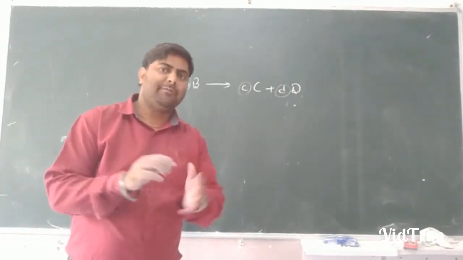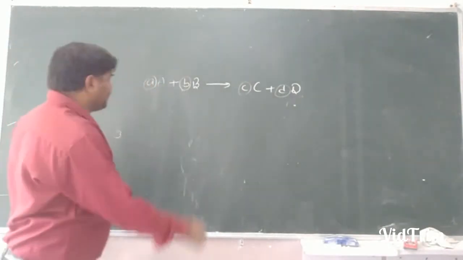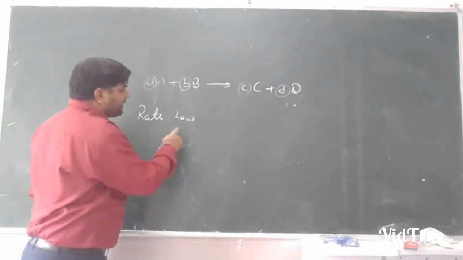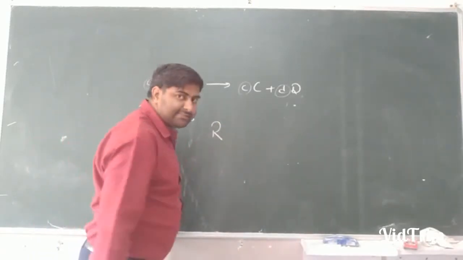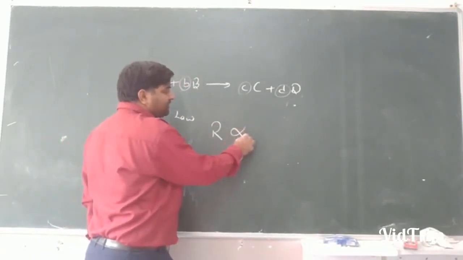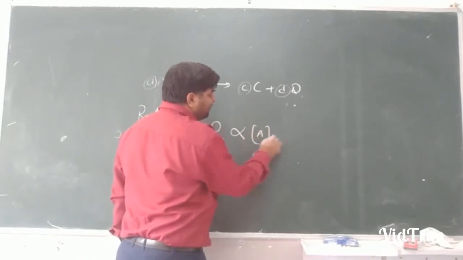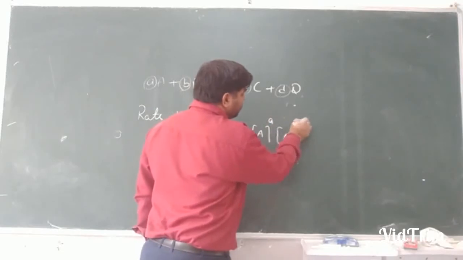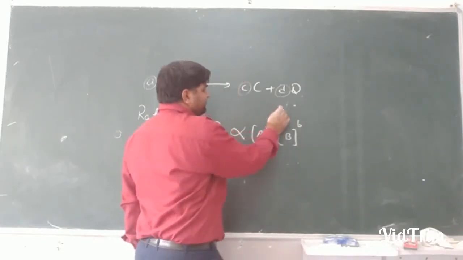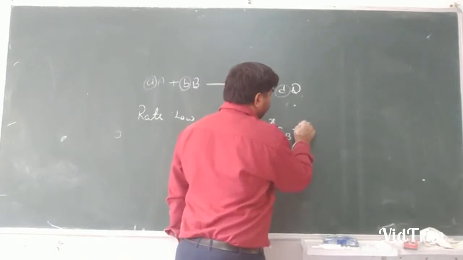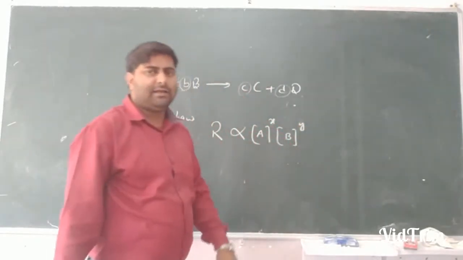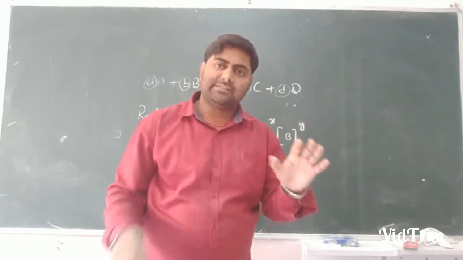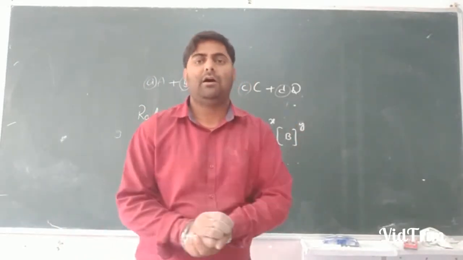In the same way, when you apply the rate law expression, it states that the rate of the reaction at any instant of time is directly proportional to the product of the molar concentration of the reactants, each raised to the power of some active masses. We write here x and y. Keep in mind, x and y are those masses of the reactant which actually react to form a product.